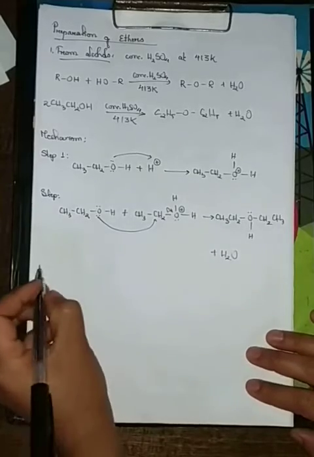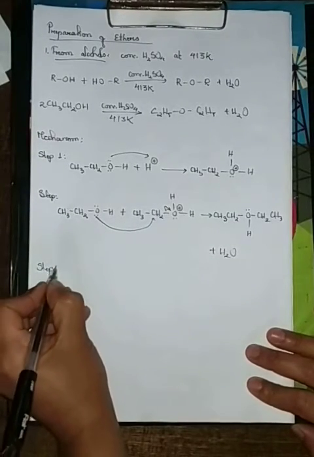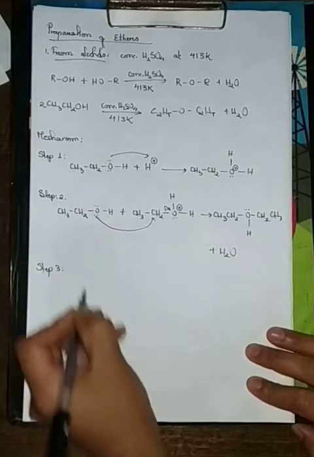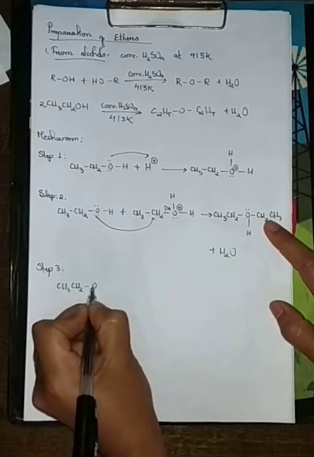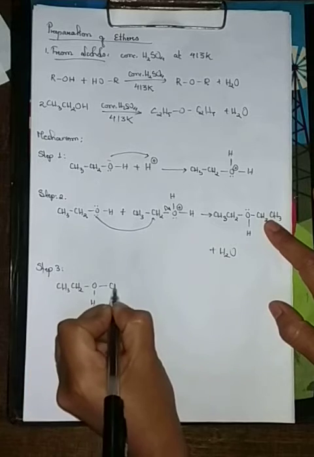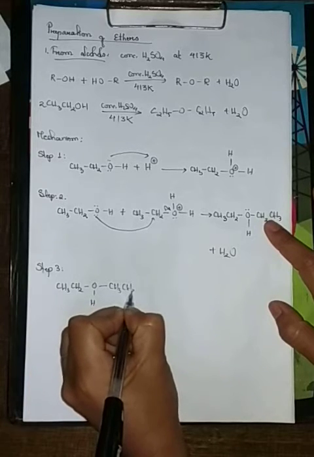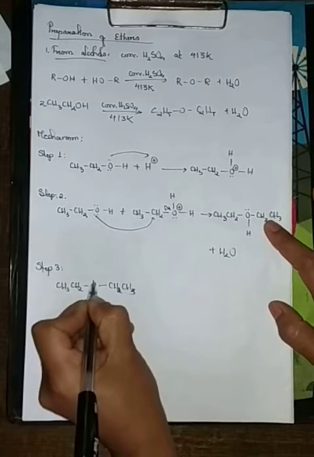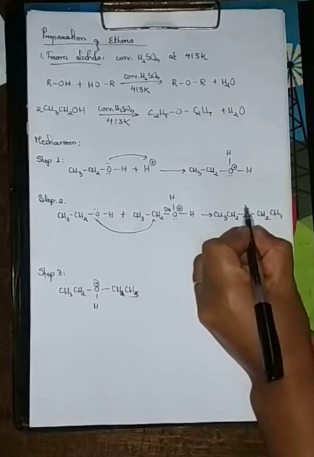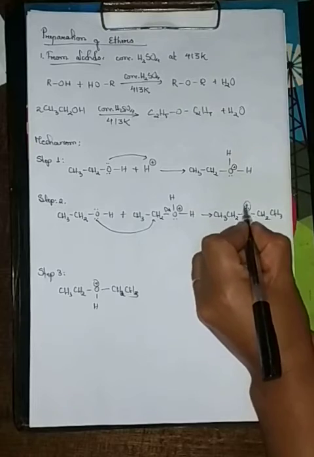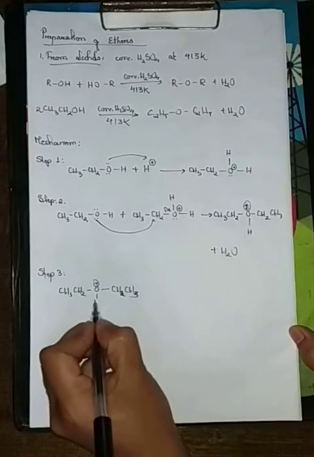And then we are in the third step. In step 3, this molecule CH3CH2OH CH3CH2CH3 here will be having a positive sign.